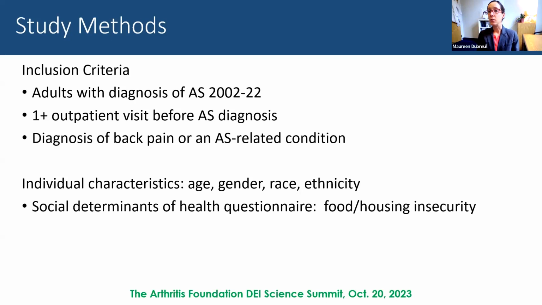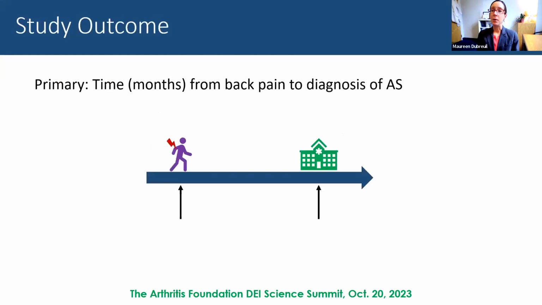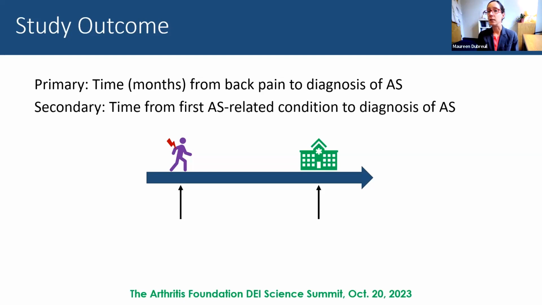That includes age, gender, race, ethnicity, and the social determinants of health questionnaire I just showed you. The primary study outcome was time in months from the initial back pain diagnosis to the diagnosis of ankylosing spondylitis. We also considered a secondary study outcome from their first AS-related condition, be that tendonitis or arthritis, psoriasis, uveitis, or IBD, to the diagnosis of AS.